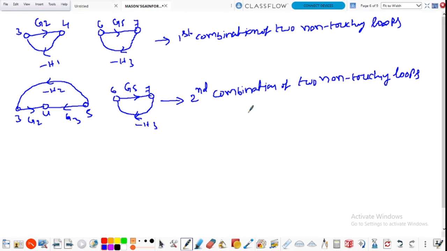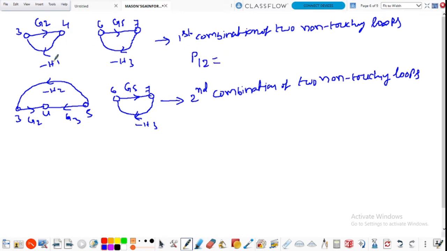And after that, calculate the gain product of the first combination of two non-touching loops and the gain product of the second combination of two non-touching loops. So this is the first combination, this is the second combination. The gain product of the first combination is symbolically represented as P12, that is equal to, what is this loop gain?